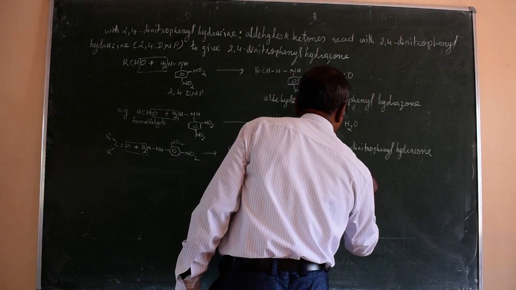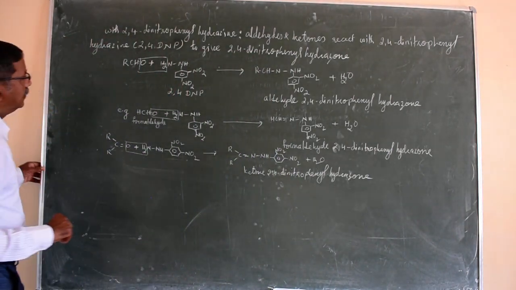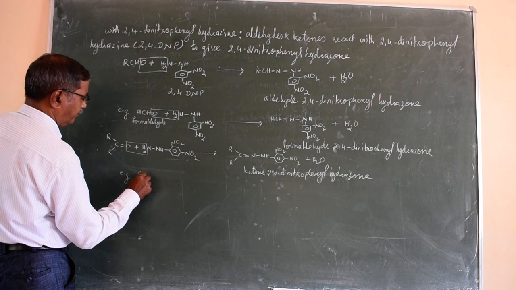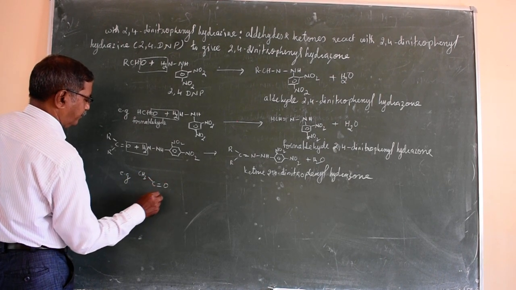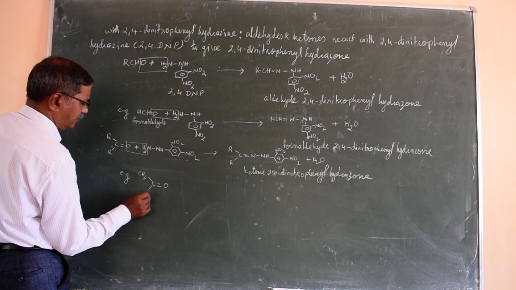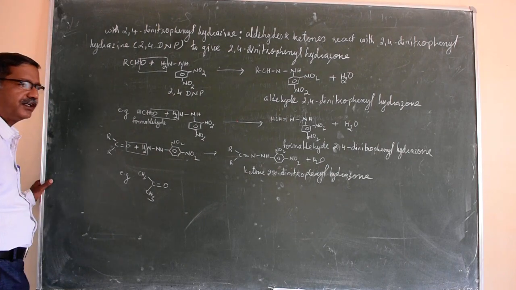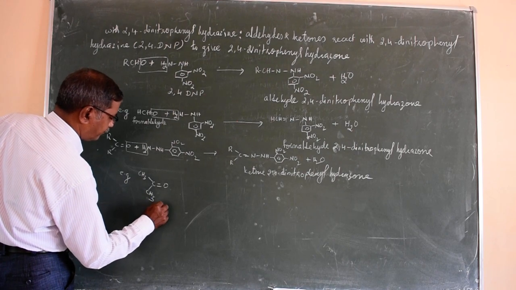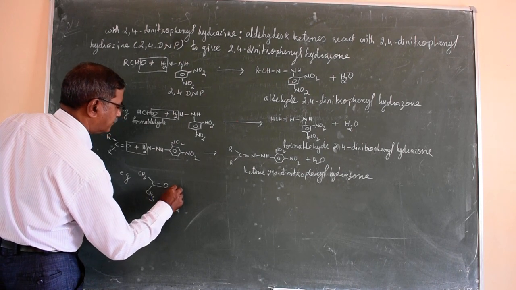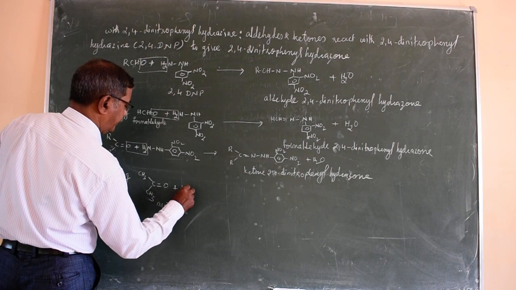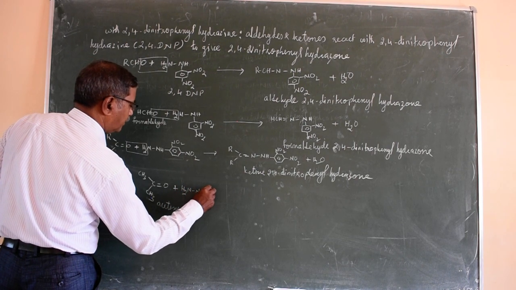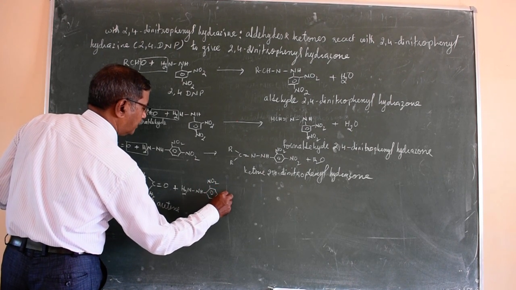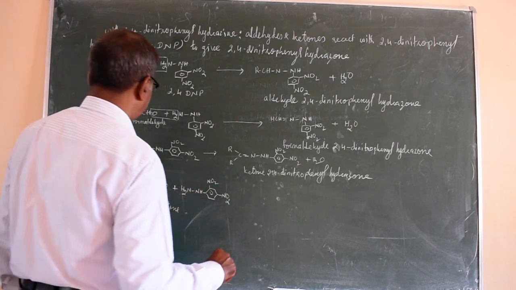Then we have one more reaction, an example. It is a simple example you have to write, and even for the board exam we have the same type of question, a simple question for simple aldehydes and ketones. So ketone means acetone plus 2,4-dinitrophenylhydrazine or 2,4-DNP.